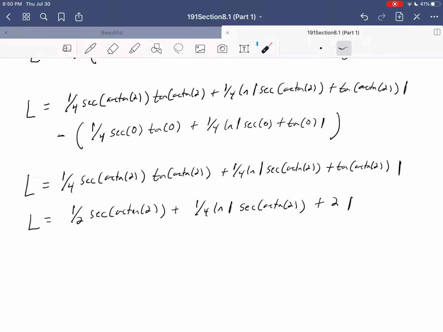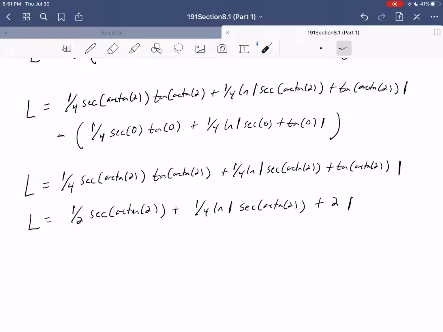I made a mistake there, I'm sorry, 1/2 times 1 over cosine of tangent inverse 2, okay, and then plus 1 divided by 4 times ln. Okay.